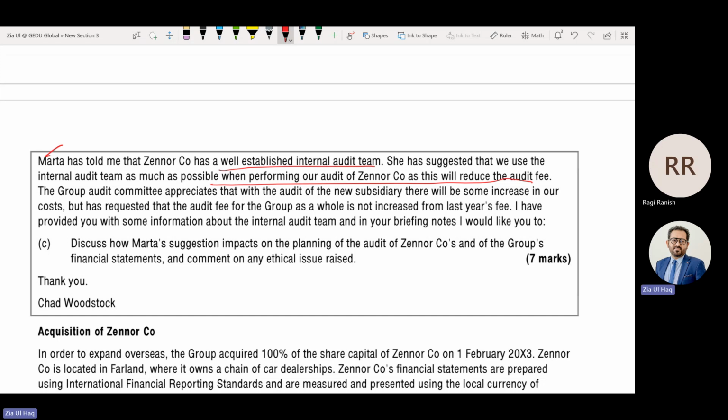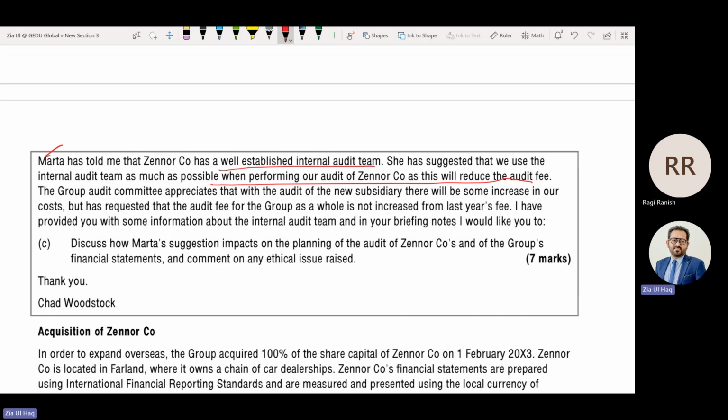They cannot pressurize us. By relying on the work of the internal auditor, we can reduce our work and audit cost, and we can charge a lower fee to the audit client, but this should not be pressurized by the client management.